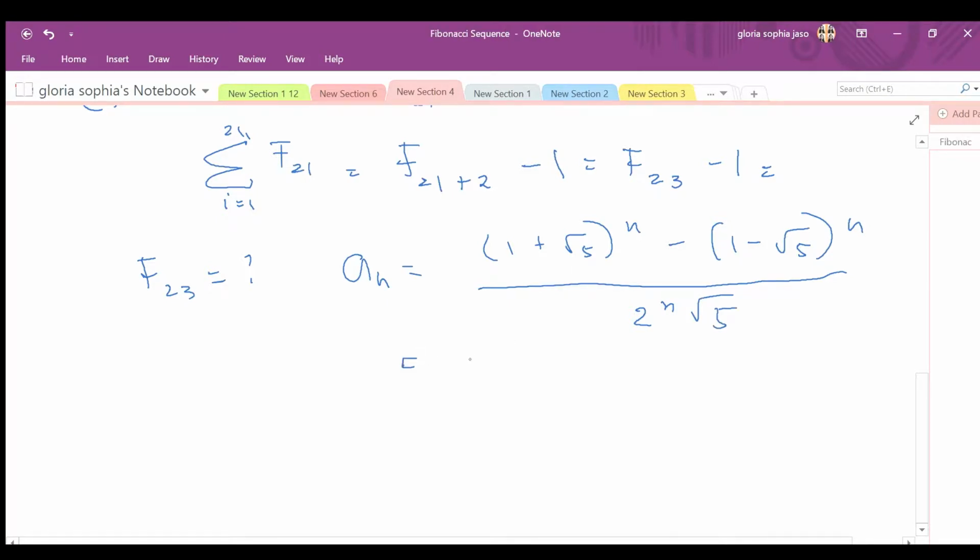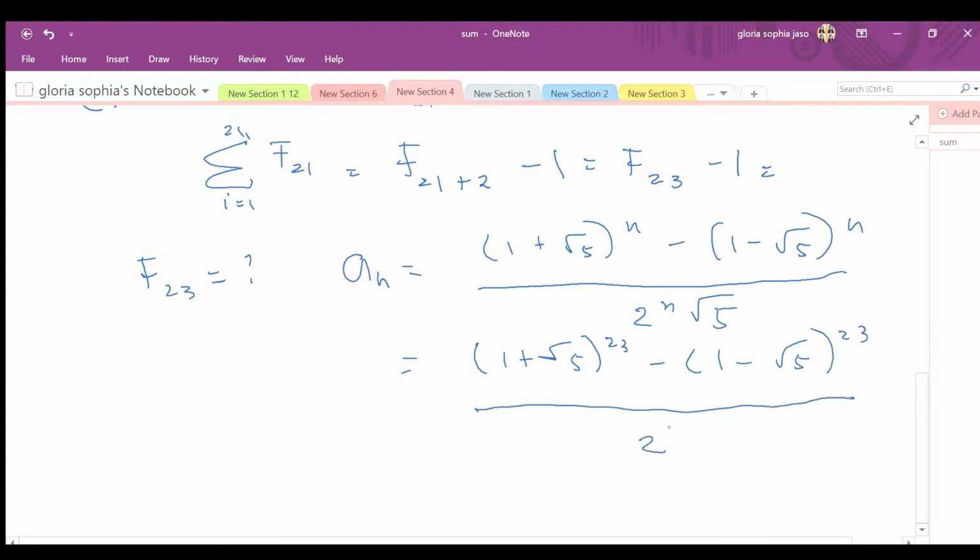So substituting, 1 plus square root of 5 raised to 23 minus 1 minus square root of 5 raised to 23 over 2 raised to 23 times square root of 5.